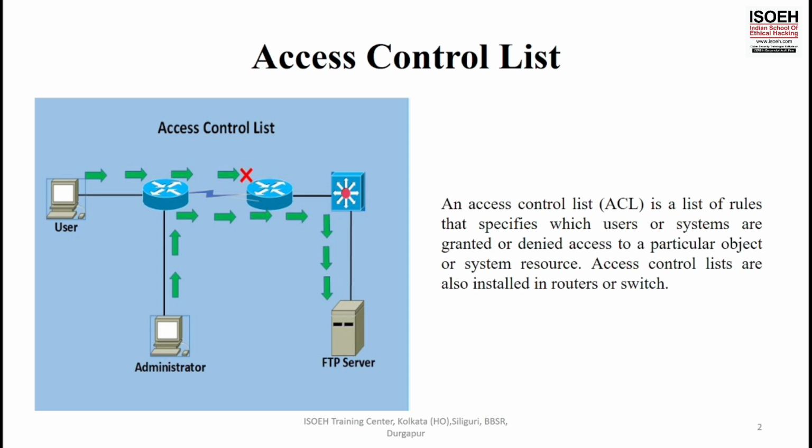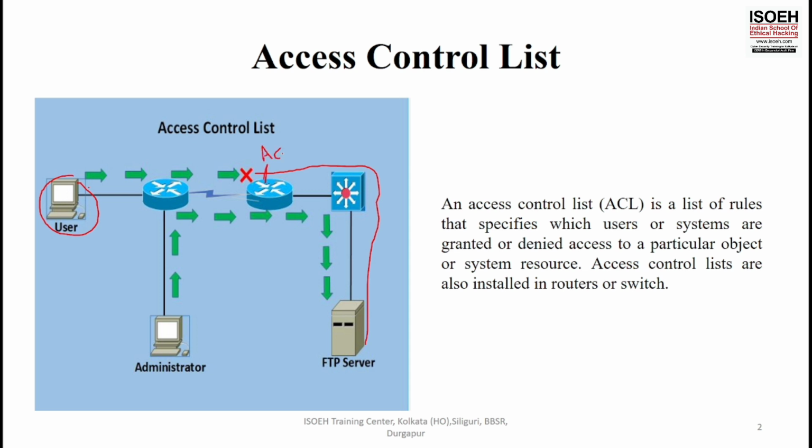After completing this session, you will know how to configure the extended ACL and how to apply it on running networks. In this scenario, you are seeing that user 1 is unable to access the FTP server because the traffic is blocked on this router, the ACL router.